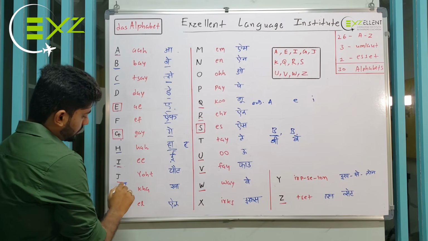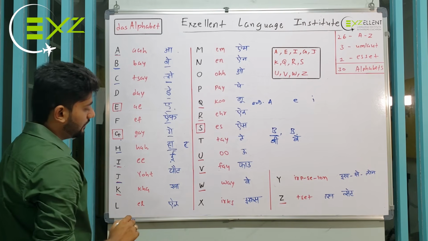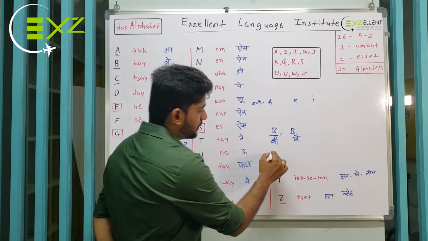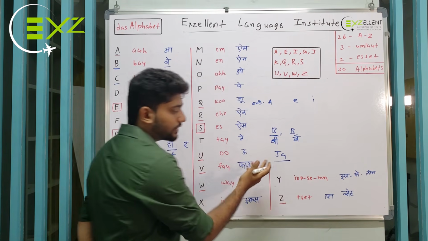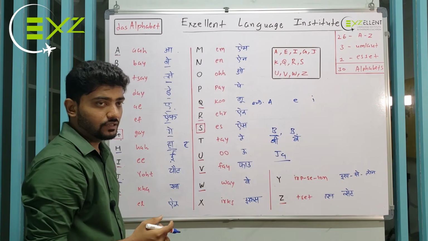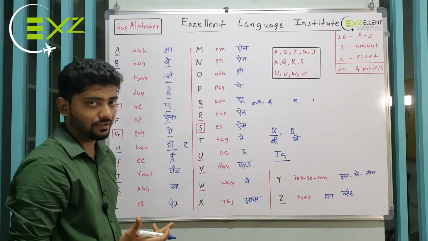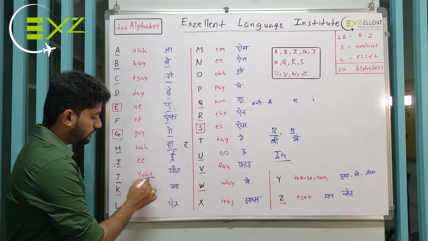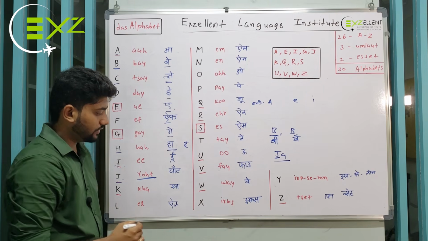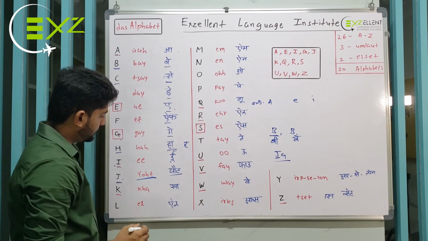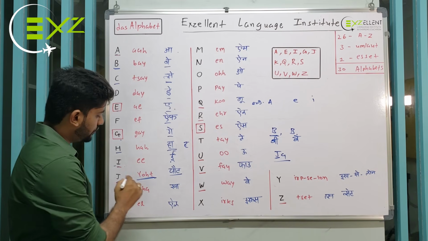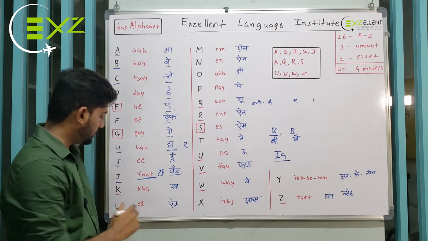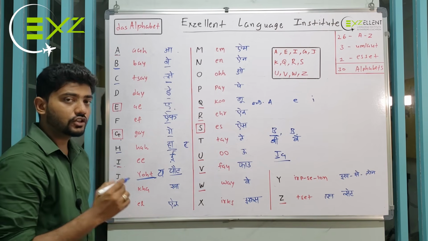Now, the most important change in German language is J. Let's have one example. What is this written? Ja or Ya. J is Jot. Pronunciation of J is like this, Ya.